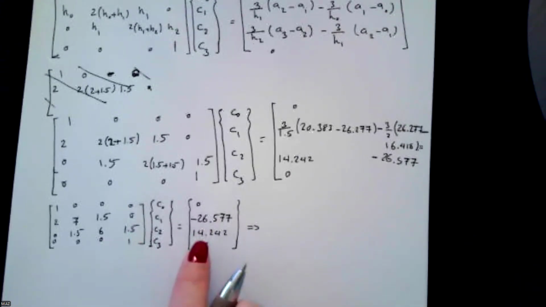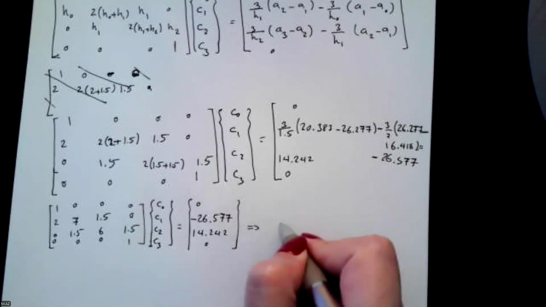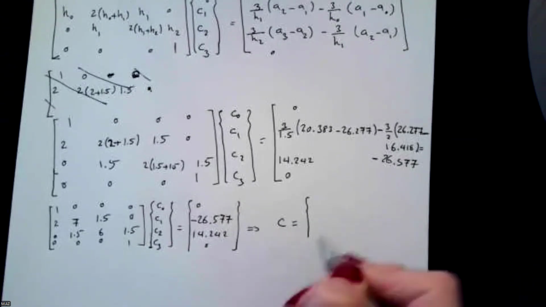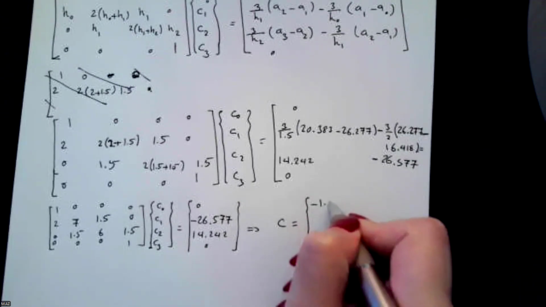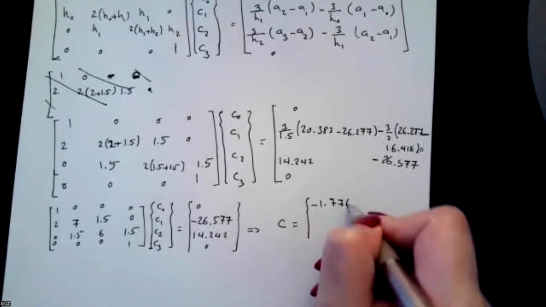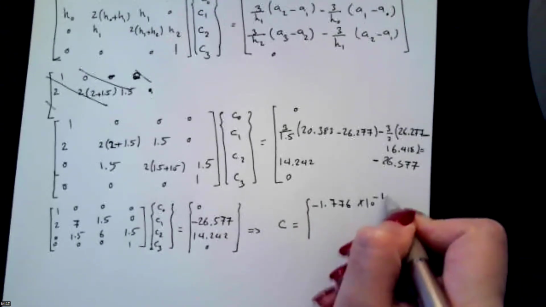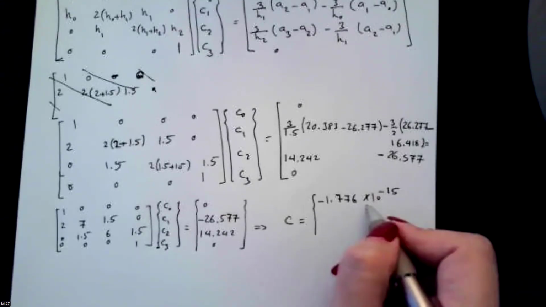Once we solve these four system of linear equations, the value of the C is negative 1.776, 15, approximately 0.